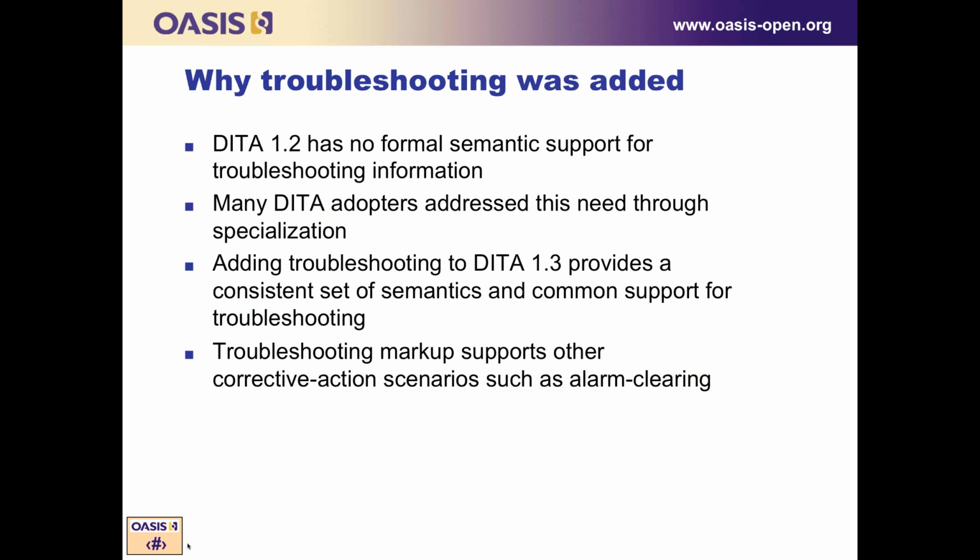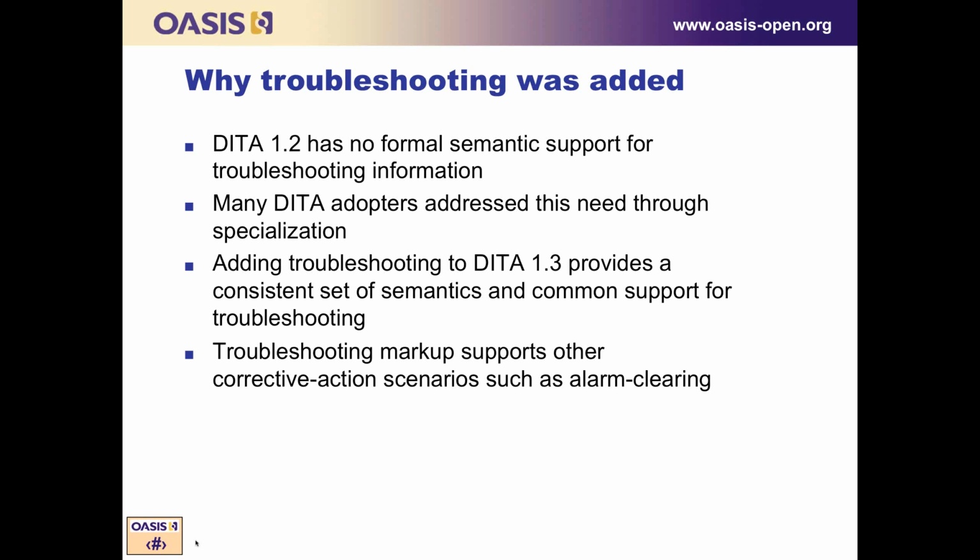So why did we add troubleshooting? One reason is that we found a number of companies were independently specializing troubleshooting information, and this suggests that it might be a basic type. The Technical Communications Subcommittee collected a number of use cases, and these models are the end result of that.